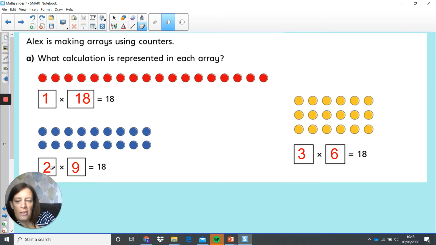A different factor pair for 18 is 2 and 9, because they multiply together to be 18. And a different factor pair for 18 is 3 and 6, because they multiply together to make 18. So 18 has 6 factors, or 3 factor pairs if we look at them in pairs.